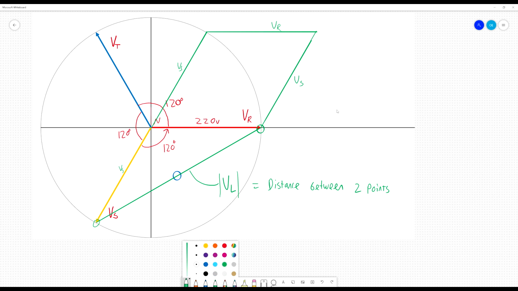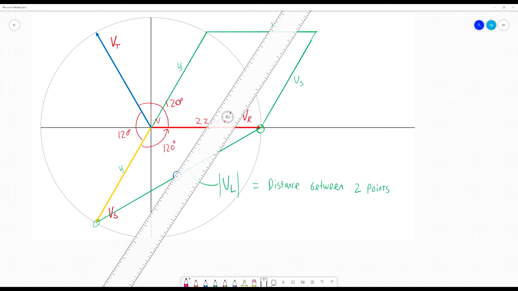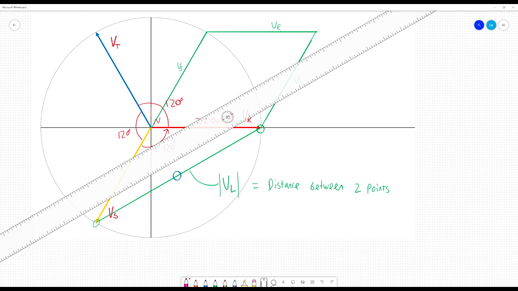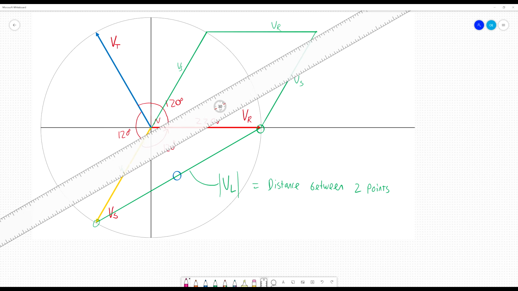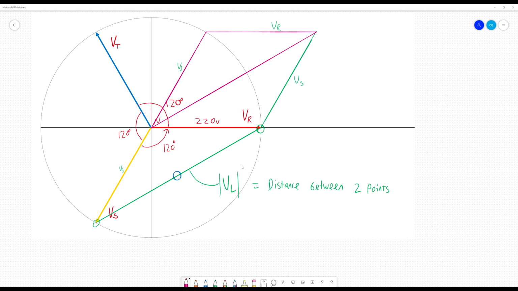If I pick a different colour now, let's go for purple, and connect the two corners of that parallelogram, you will be unsurprised to learn that the length of that line is also VL.